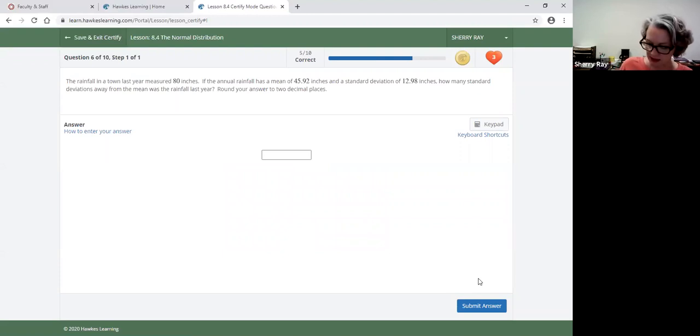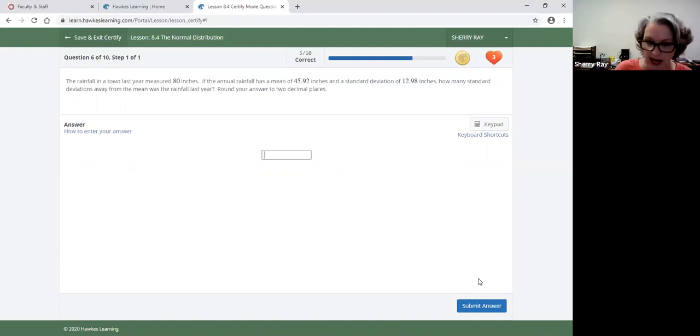Here's a better example. We're not just randomly plugging into a formula. We have a rainfall in a town that measured 80 inches. If the annual rainfall has a mean of 45.92, we have a data point that's much larger than our mean, so we're going to have a positive z-score.